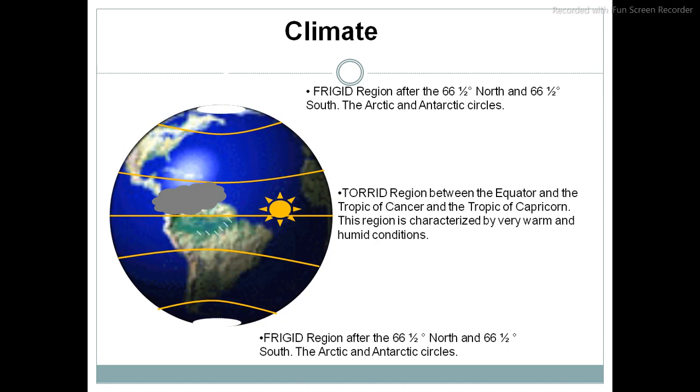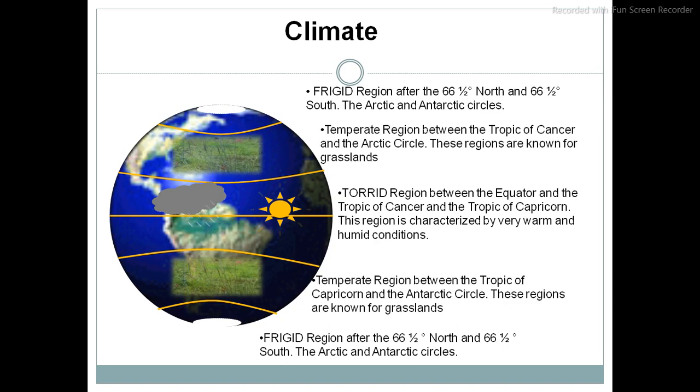The sun is visible, the cloud is visible, rain is available, right? Another point, the greenish part, the temperate green zone, right? You are observing this green part. These are the temperate regions between the Tropic of Cancer and the Arctic Circle. If we look at the downside, this is the temperate region between the Tropic of Capricorn and the Antarctic Circle.